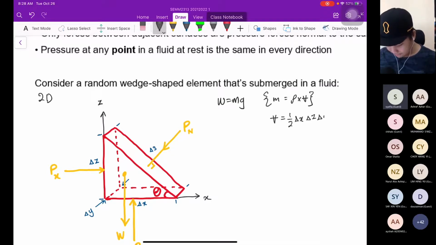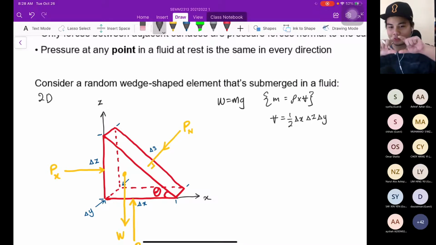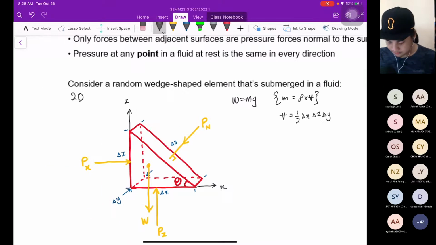Y, because this is half of the cubic, half of the rectangular. So delta X, delta Y, delta Z. Okay, perfect.